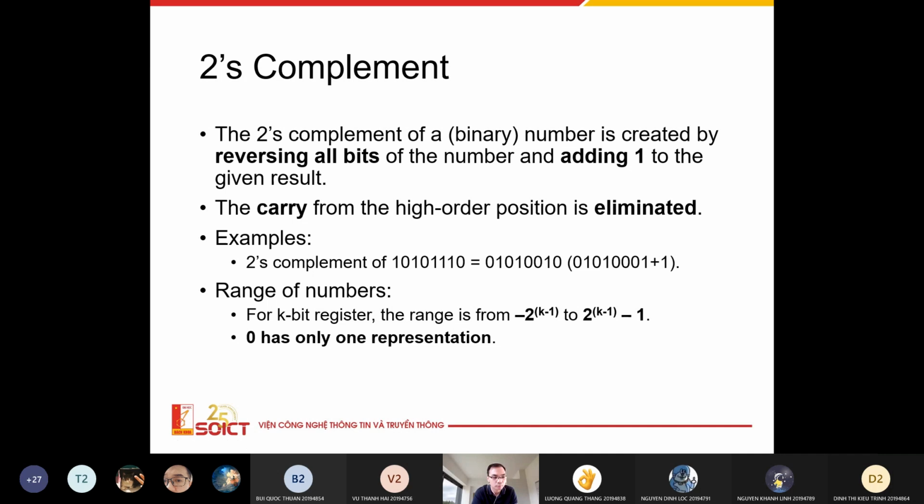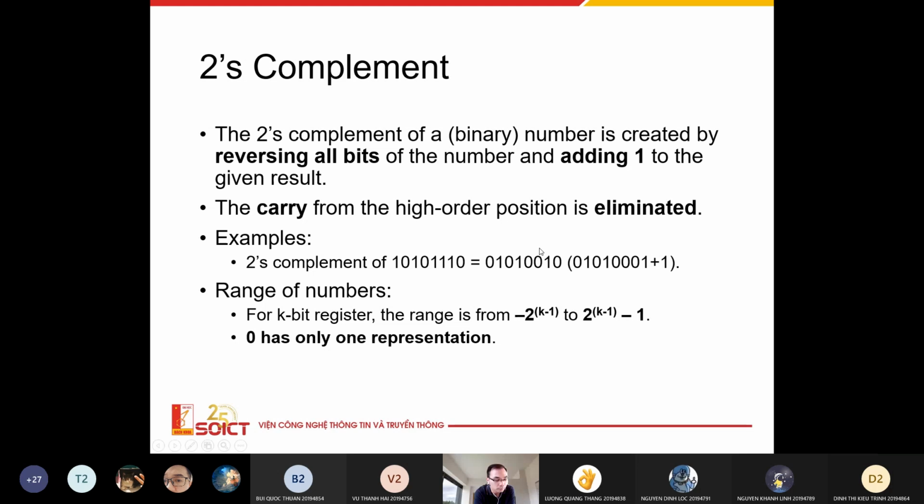Firstly, we need to get the ones complement of the number, and then we add that result to 1, so we can get the two's complement of the number, right? And notice if we have the carry bit 1, we just eliminate it, right?